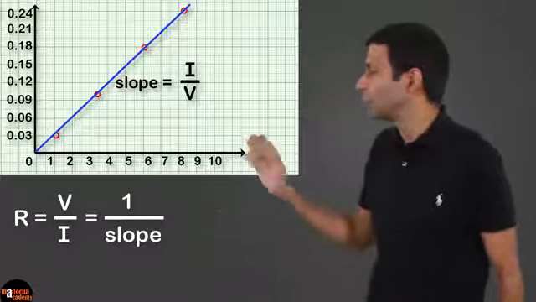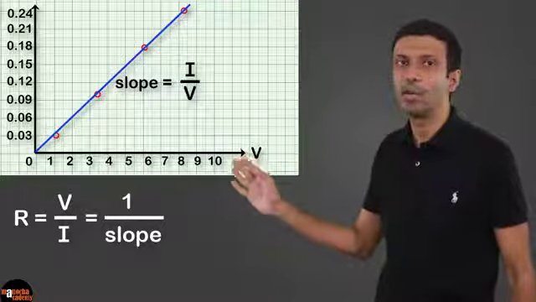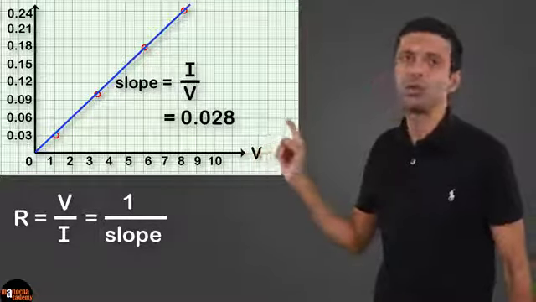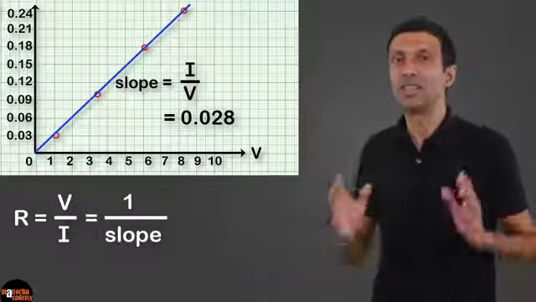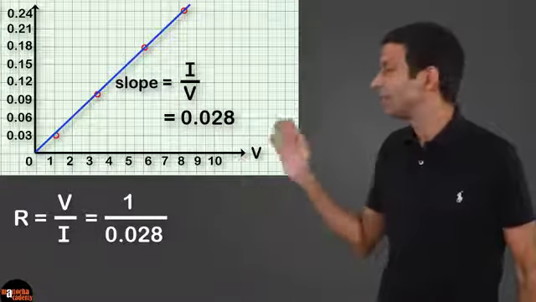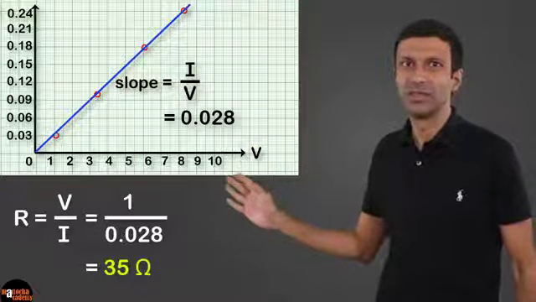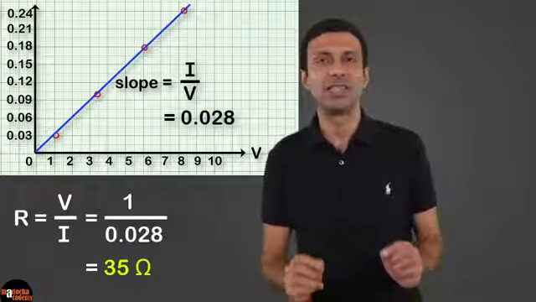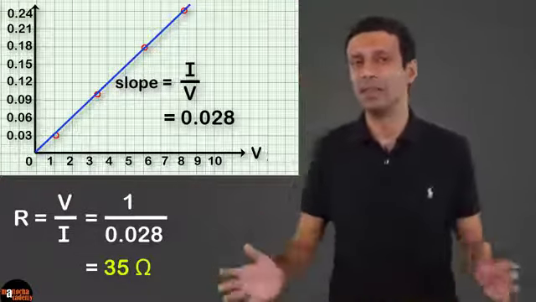Now if you calculate the slope of this graph, we get the value as 0.028. So the resistance is going to be 1 by this value, which is 35 ohms. So we are getting the same value of resistance as we got from the table.